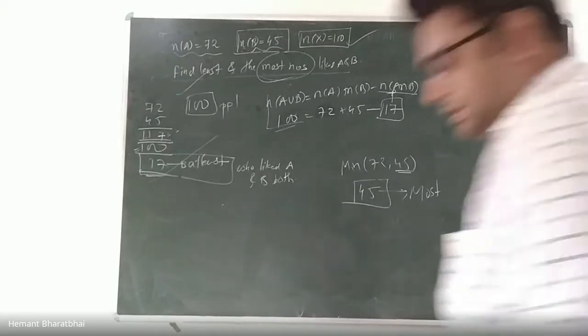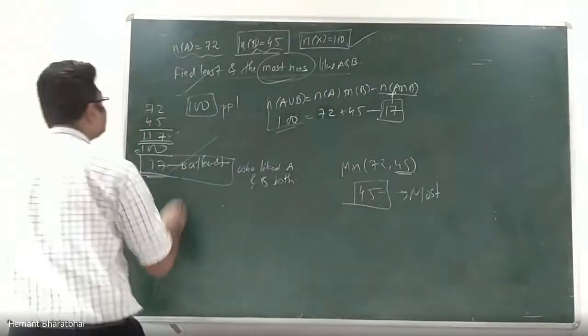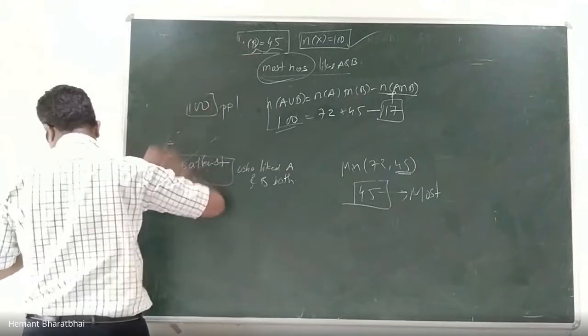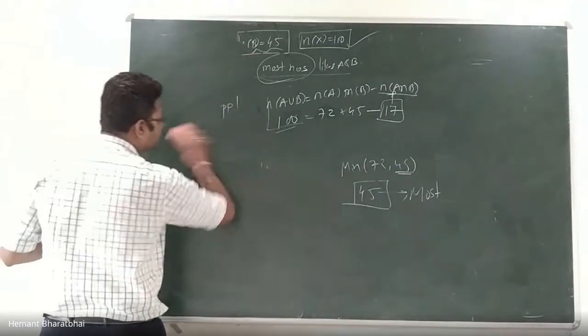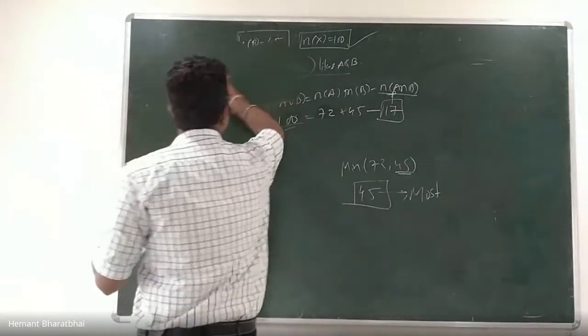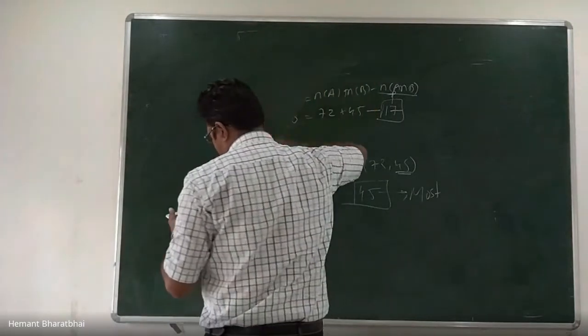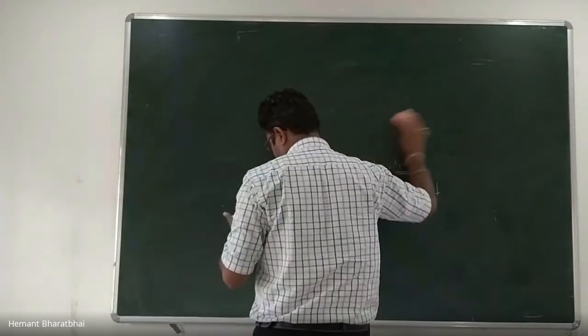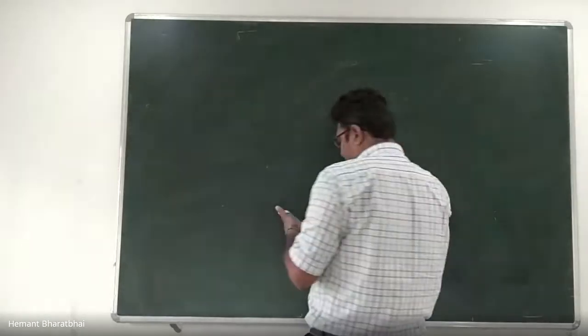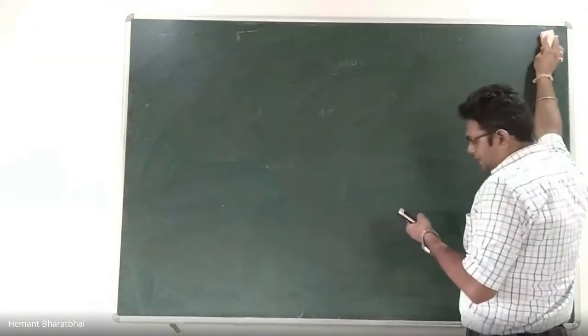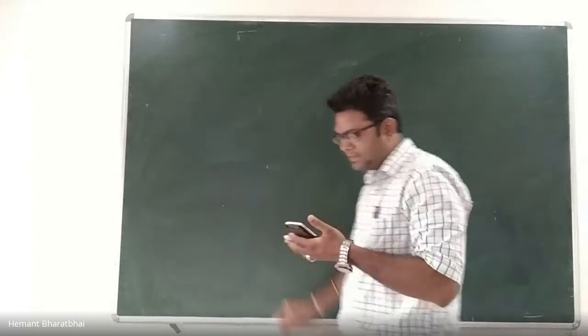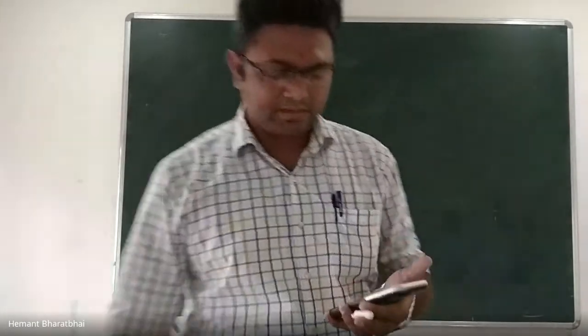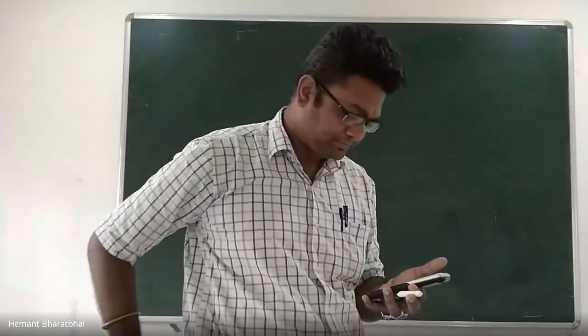In a hostel, 25 students take tea, 20 students take coffee, 15 students take milk, 10 students take both tea and coffee, 8 students take both milk and coffee.